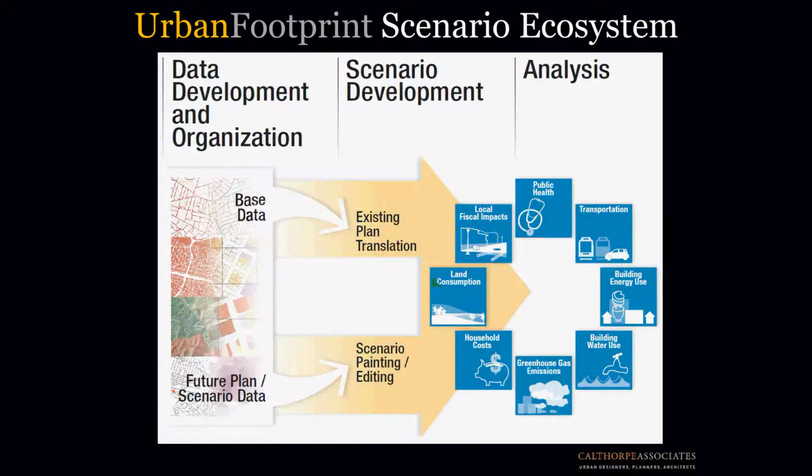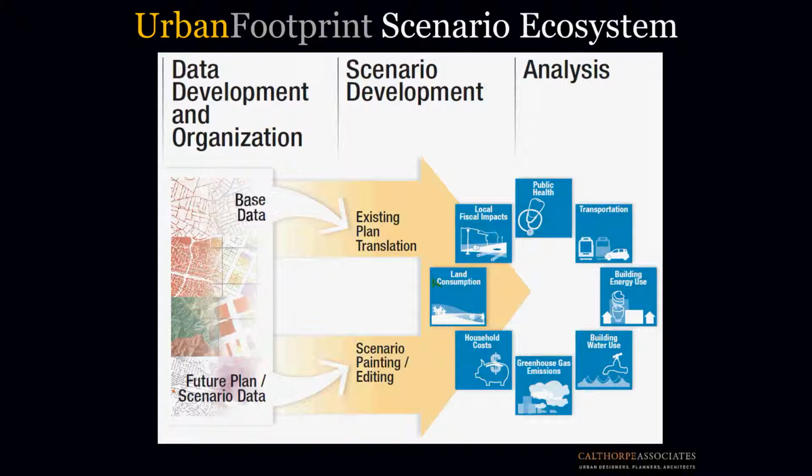In general, we use this fancy term ecosystem, but UrbanFootprint itself is really a combination of different things. It's very, very importantly, a data development and organizational framework. I just talked about the fact that you need to normalize data. You need to build a data canvas, a very detailed and relatively accurate depiction of what's on the ground today, and you use that to pivot forward into future conditions.